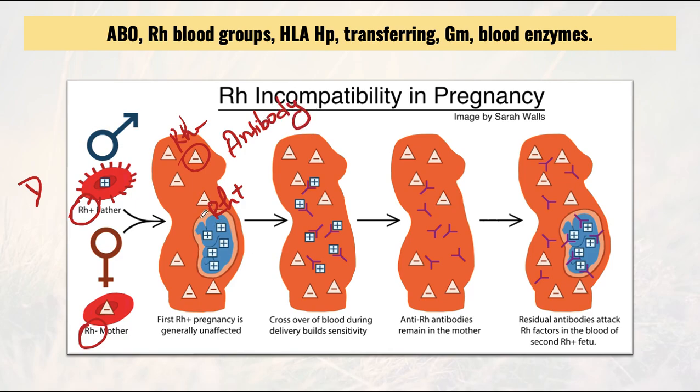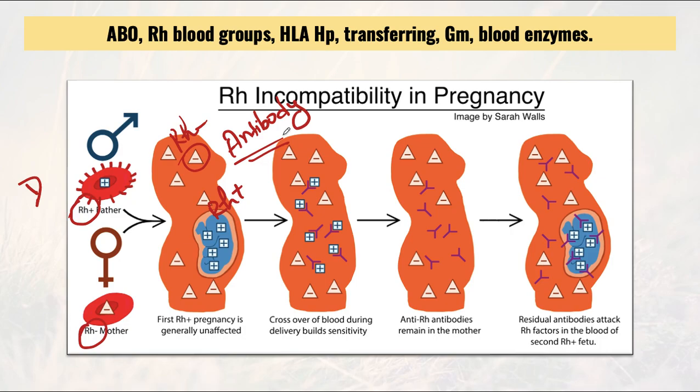So during the delivery time, there was some kind of intermixing of the blood, and the mother's blood realized that this is some alien thing in the blood, which is why it started producing the antibody. So that antibody remains in the mother's body.